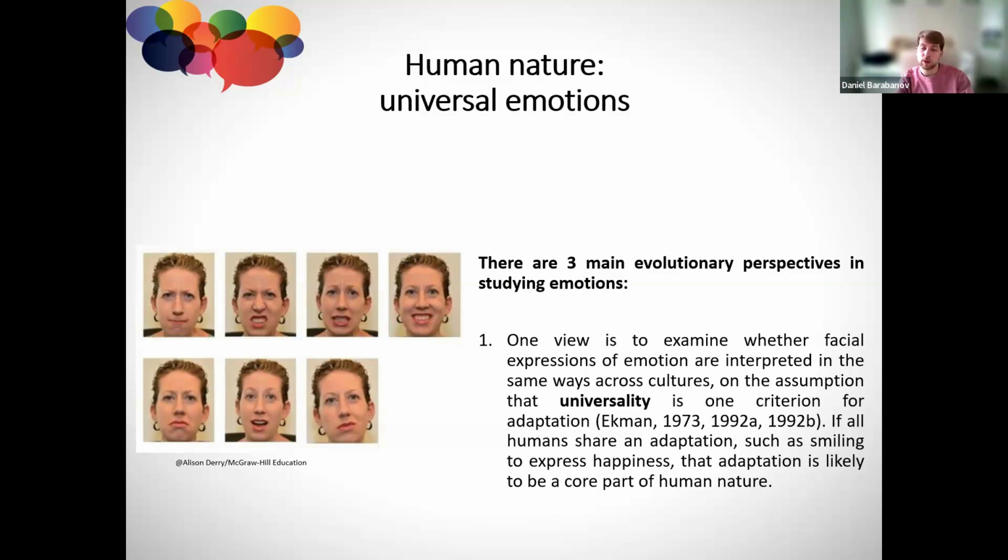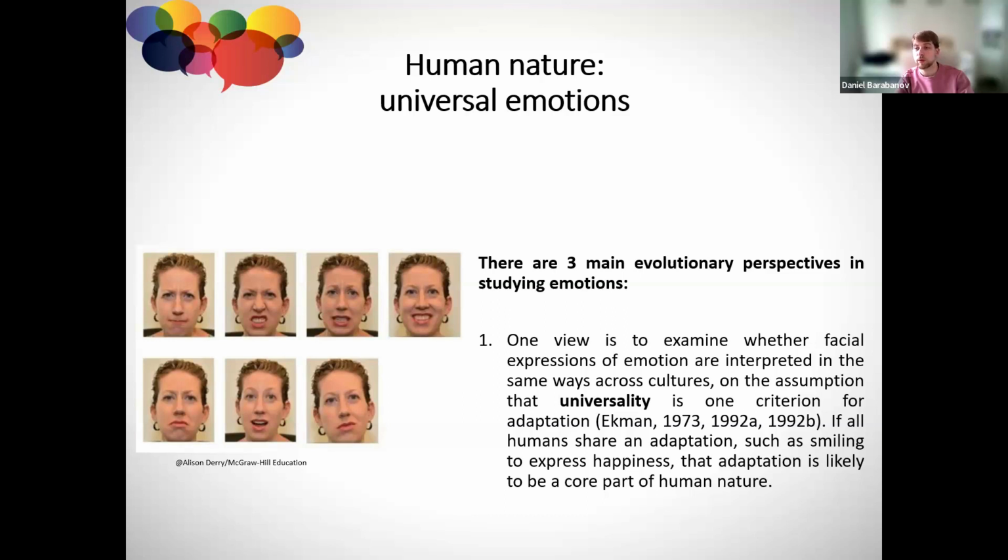And he came to the conclusion that there are 6 basic emotions which people express almost the same way all over the world, including happiness, anger, disgust, sadness, fear, right? And surprise.